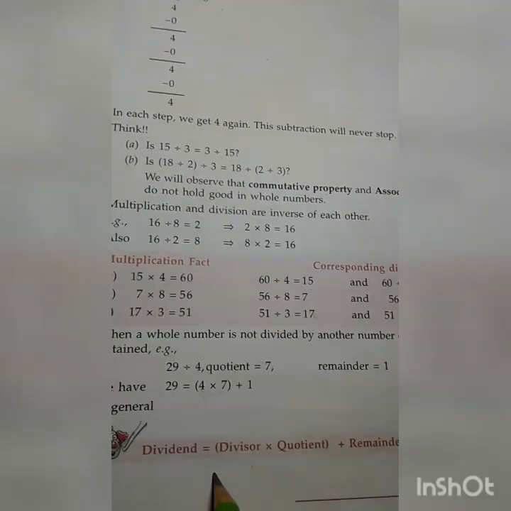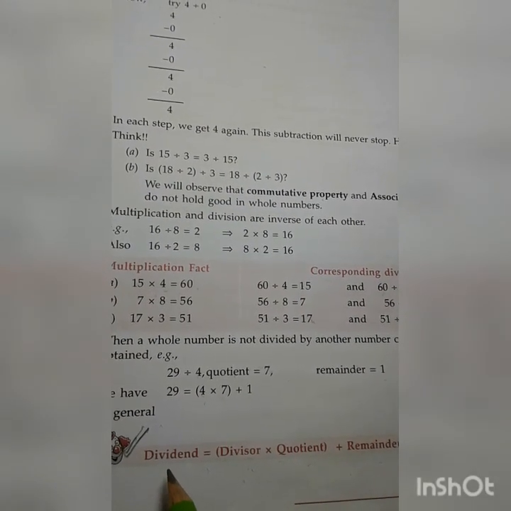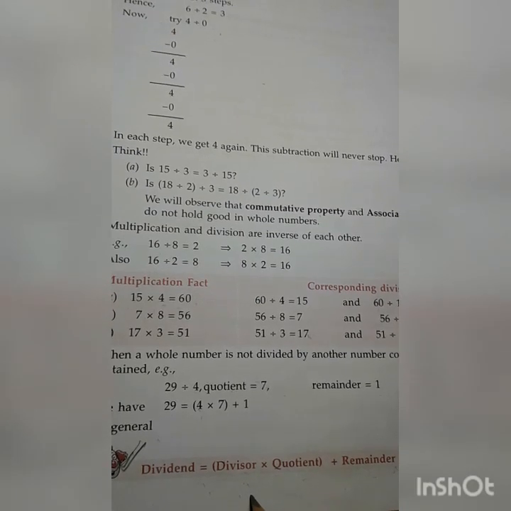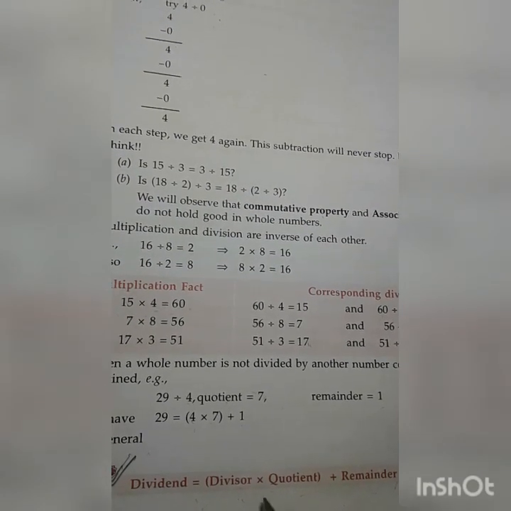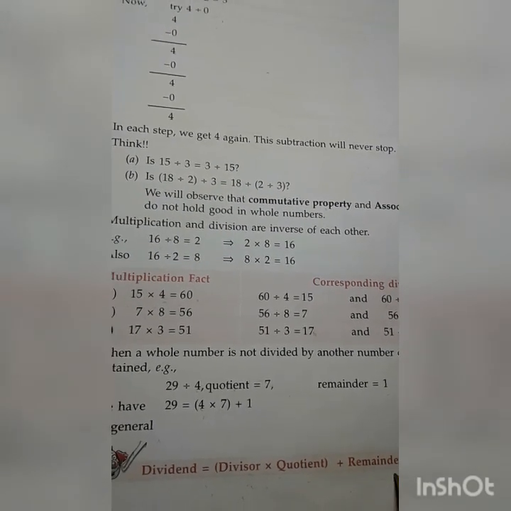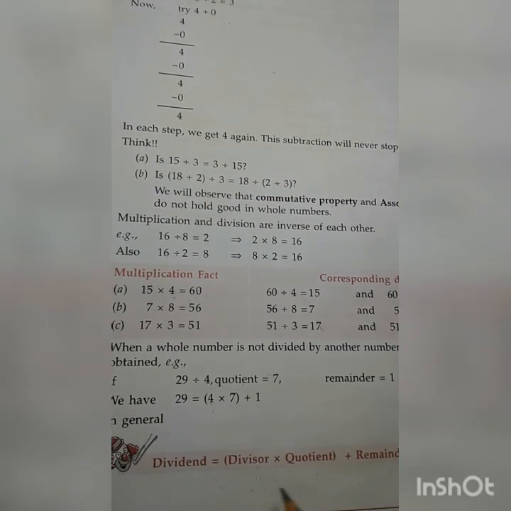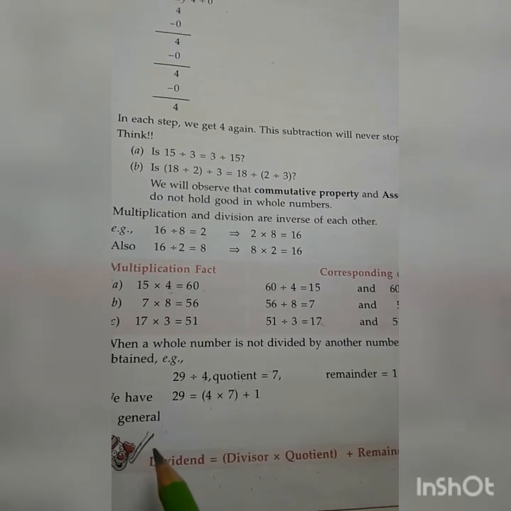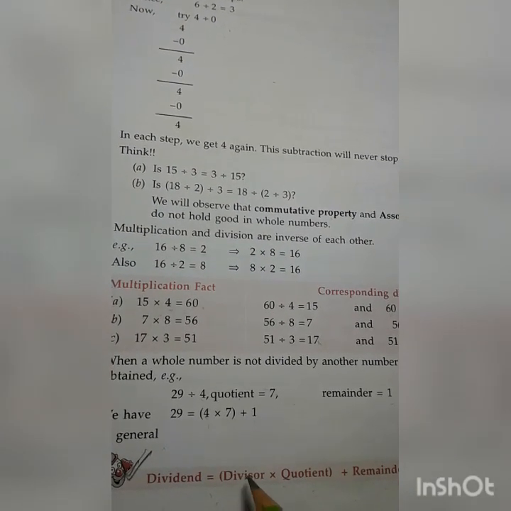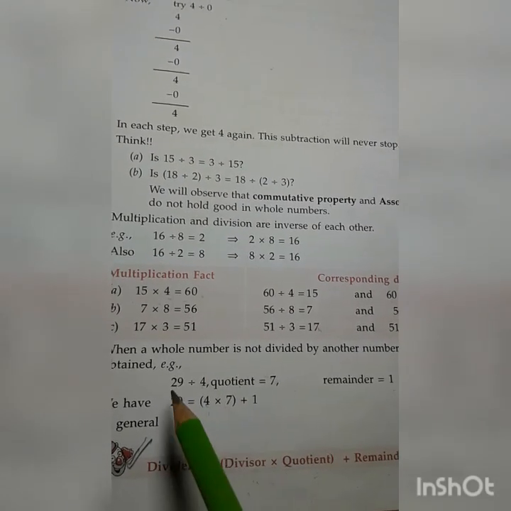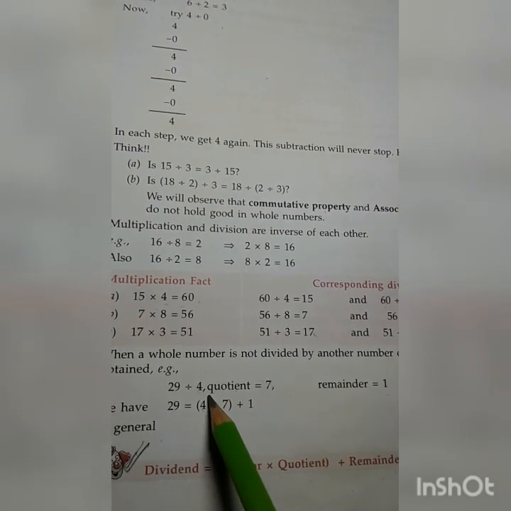Then one box is given. Dividend equals divisor multiplied by quotient plus remainder. This is one rule. To get the dividend, you have to put this divisor, quotient and remainder. For example, here 29 divided by 4.